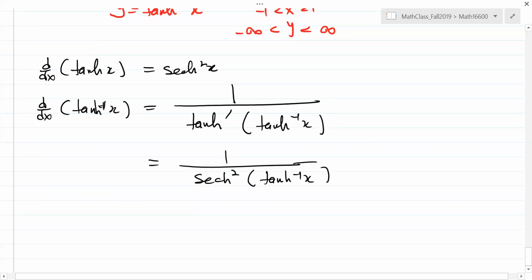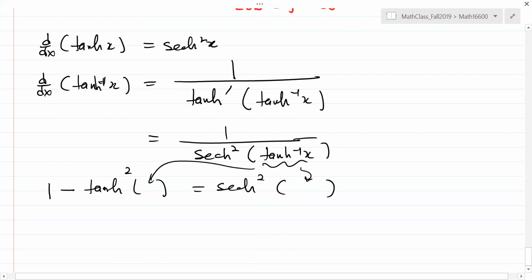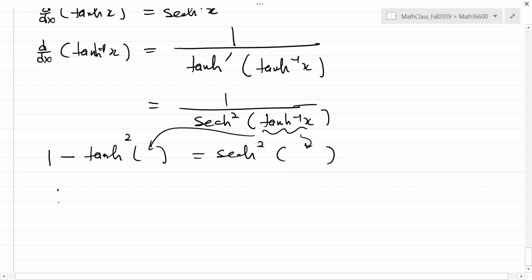So how can I simplify this? We have a formula, right? We have a relation between 1 and hyperbolic secant square and tanh squared. So that's a formula. So if we put this into here, and this side is 1 minus x squared, so it's not too bad.